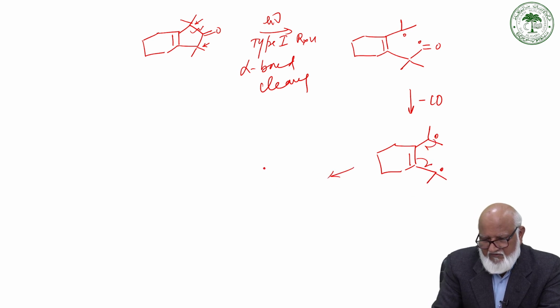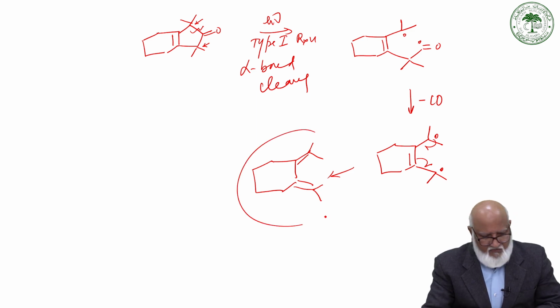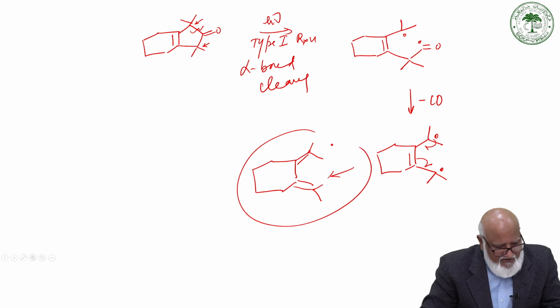So one of the most probable products after decarbonylation is going to be this one. This is a most probable product which is quite possible in this particular case to give this radical.